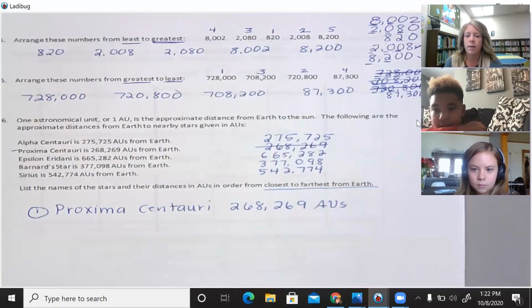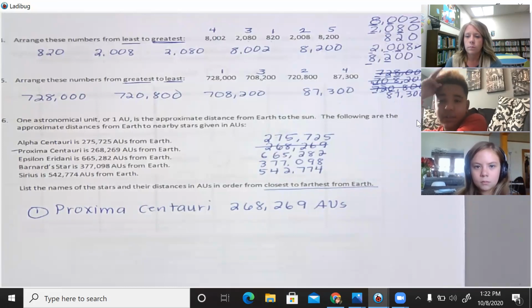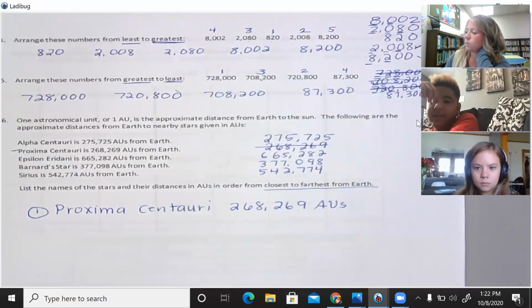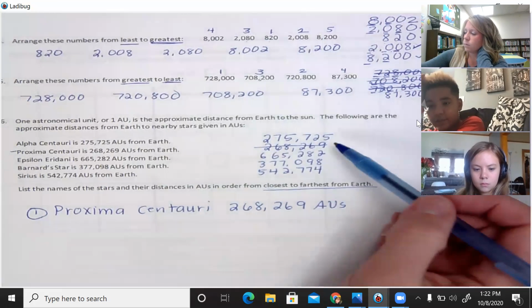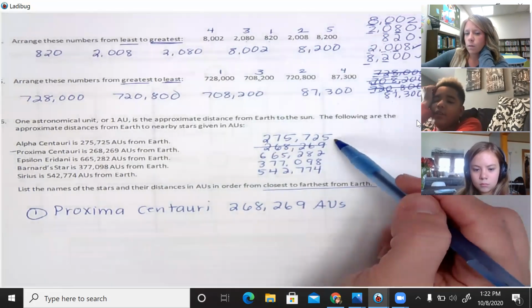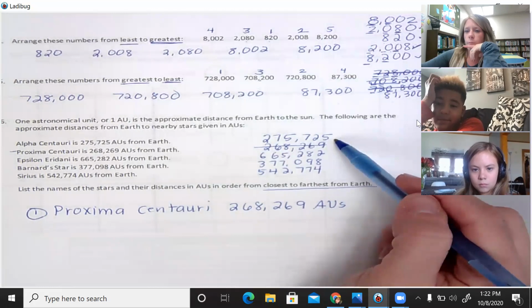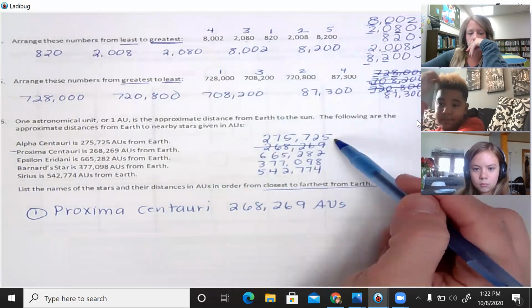Trace, which one do you think comes next? 275,725. Why do you think that one comes next? Because it's the second highest above the other one.